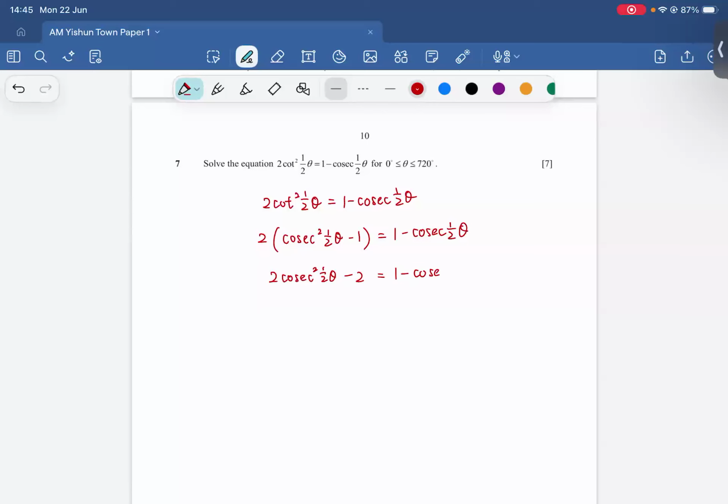Okay, for those who cannot see what is going on already, you can say I let u be equal to cosecant half theta. So this is just 2u square minus 2 equals 1 minus u. You can now see that this is actually a quadratic equation.